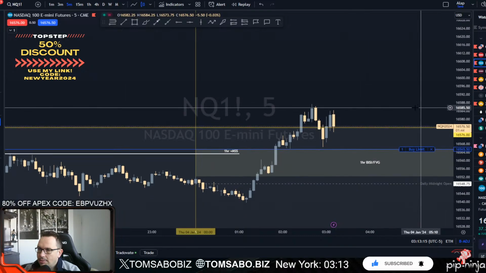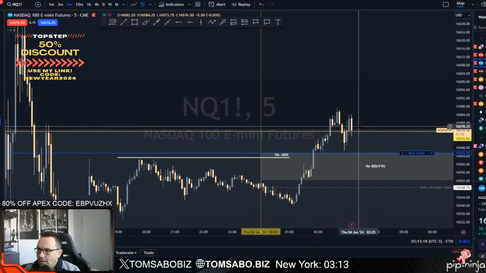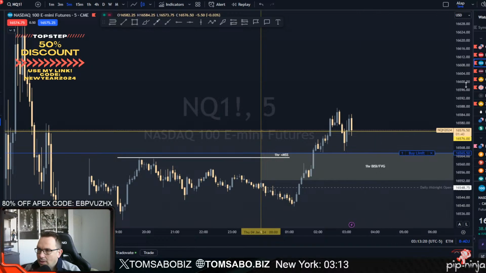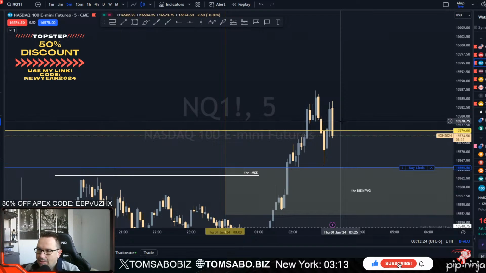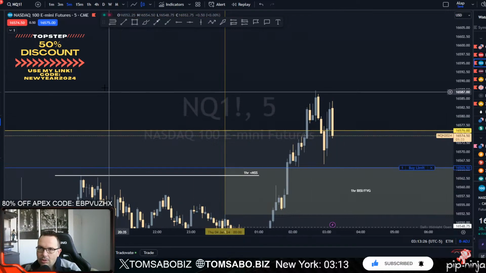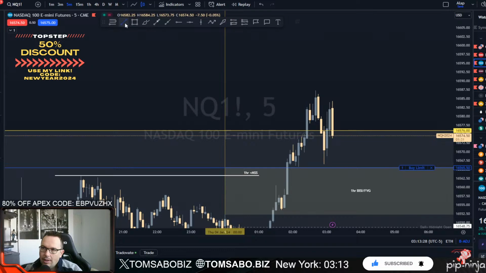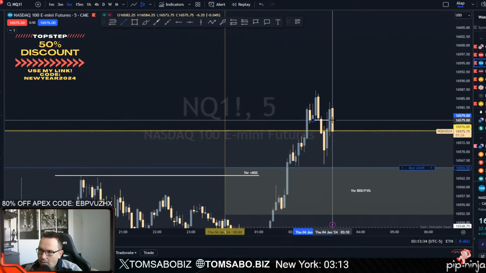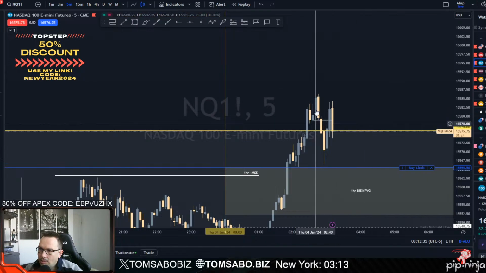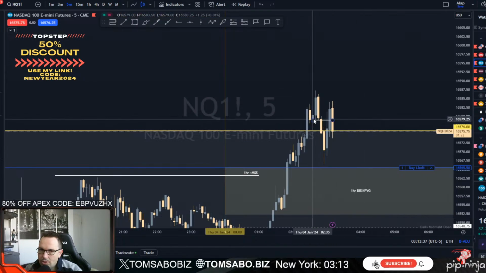Actually, you have a chance for it because there is a bearish order block on the 5 minute. I can show you here. Right, this bearish order block goes into liquidity.